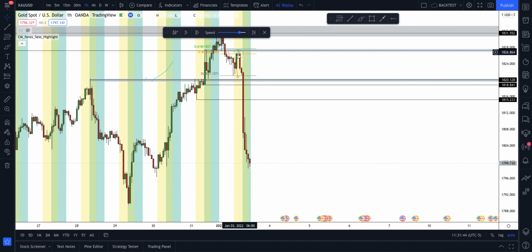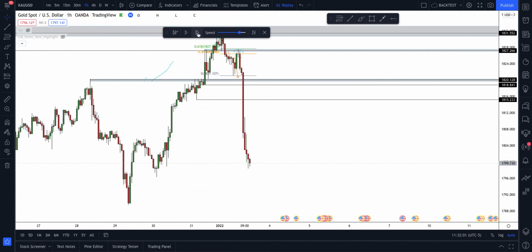And plus, look, all this happened on New York, London, and New York, especially the overlap. You see how it immediately dropped on the overlap. That's why I said marking your zones is really important, especially trading sessions.